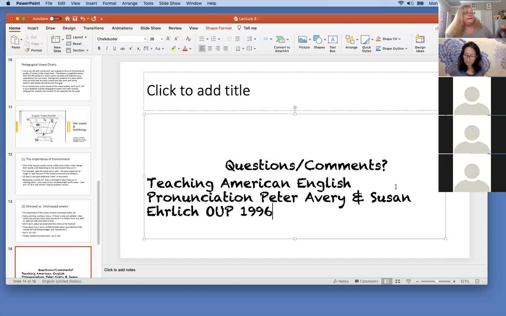It has a whole load of things about teaching English pronunciation. And then on chapter 8, it says, problems of selected language groups. And it gives you Arabic, Chinese, Farsi, French, German, Greek, Hindi, Italian, Japanese, Korean, Polish, Portuguese, Spanish, and Vietnamese.